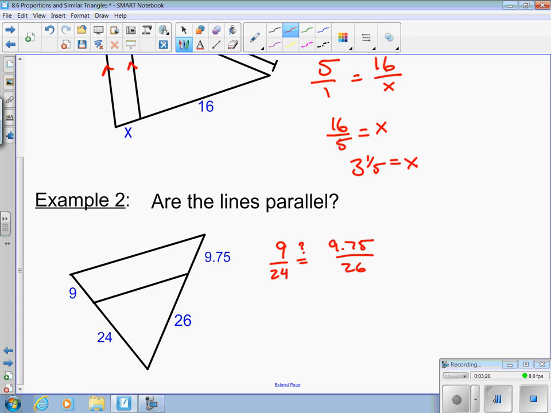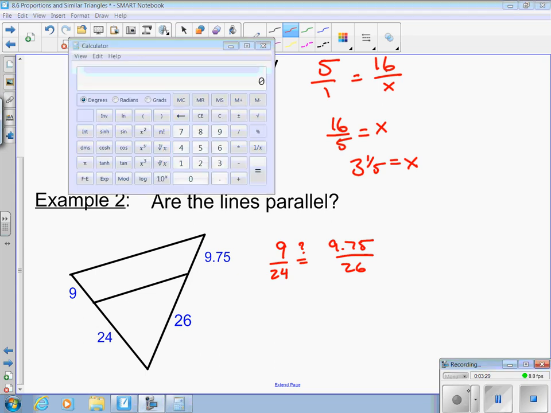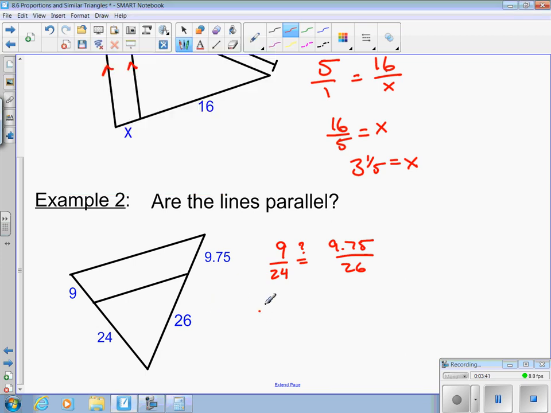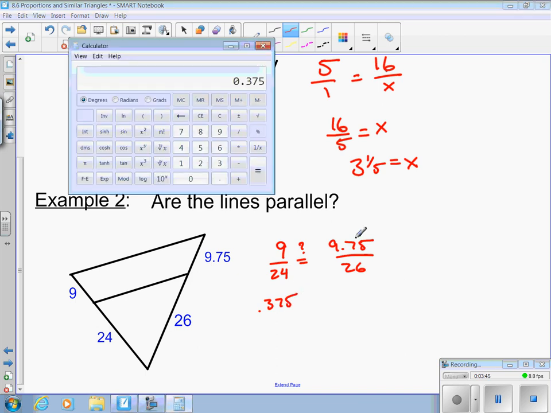Okay, hold on a second. One easy way to check is to bring up your calculator, and I'm just going to go 9 divided by 24, change that to a decimal. That's 0.375, and then just see what the other one is. I could try to do that in my head, but it might get a little ugly.